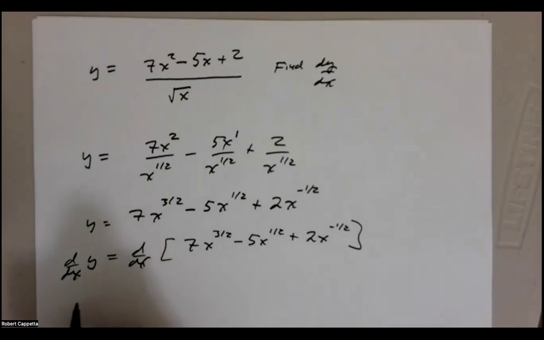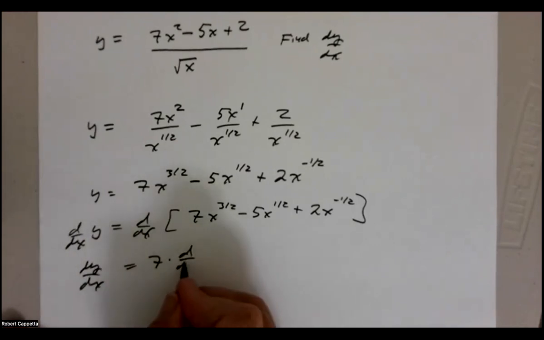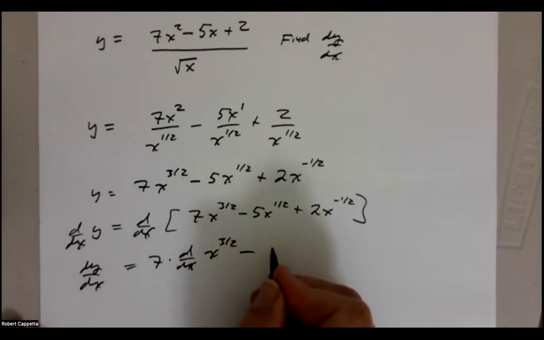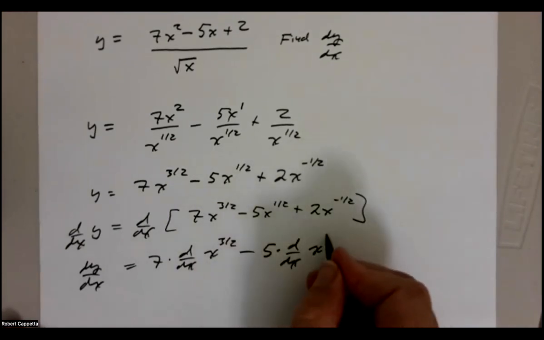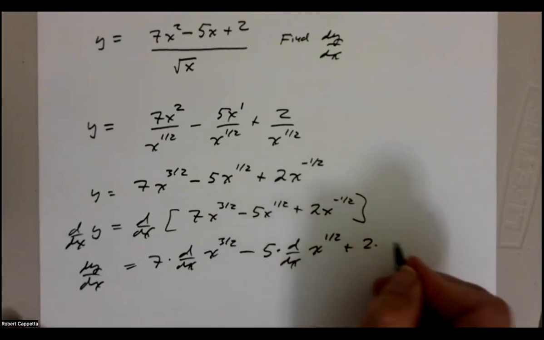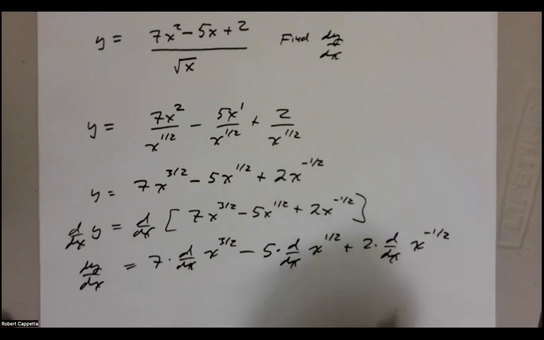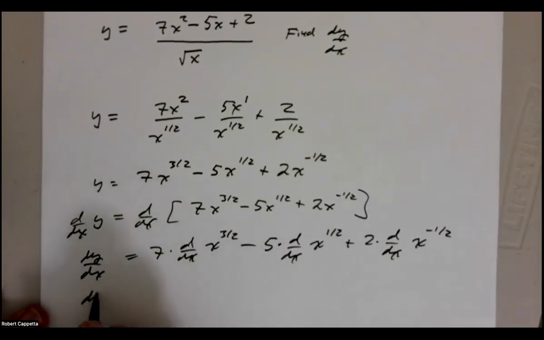So we get dy/dx here is going to equal 7 times the derivative with respect to x of x to the 3/2 minus 5 times the derivative with respect to x of x to the 1/2 plus 2 times the derivative with respect to x of x to the negative 1/2. And what does that get me?